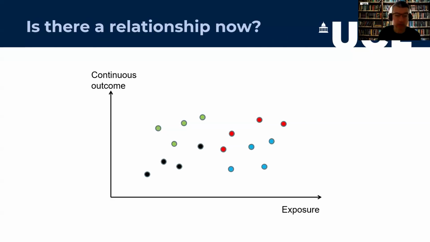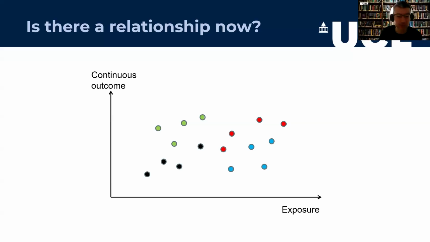However, if I told you that this data came from 4 different kids observed in 4 different schools, all of a sudden you could see that there seems to be some kind of relationship within each school, labeled in a different color. So if we didn't account for the structure of the data, we would come up with this wrong conclusion.